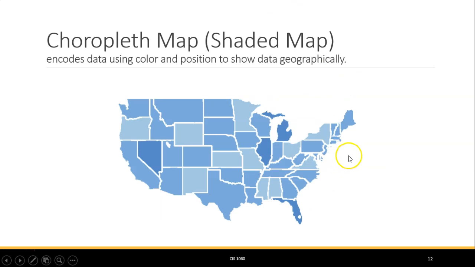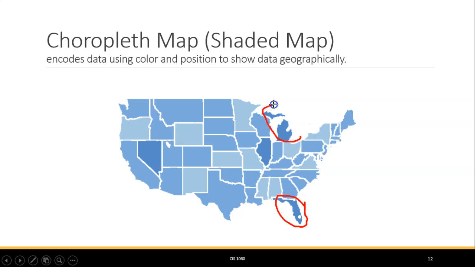A choropleth is a shaded map, and usually the darker the color means a more dense number. This could be population, voters, temperatures, or whatever the amount of information, such as the number of senior citizens that are retired. You can see that Florida down here at the bottom is very dark.